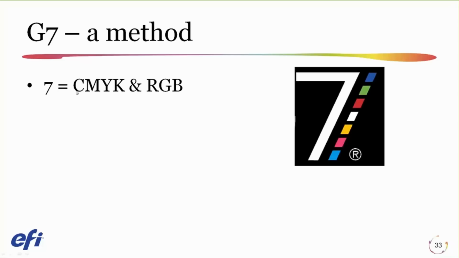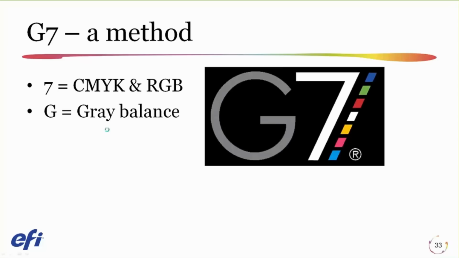The 7 stands for CMYK and RGB, the primary and secondary colors. The G stands for gray balance, and it was invented in order to help us attain what's called a shared visual appearance. I want what you print on your press to look like what I print on my press to look like what she prints on her grand format inkjet printer.